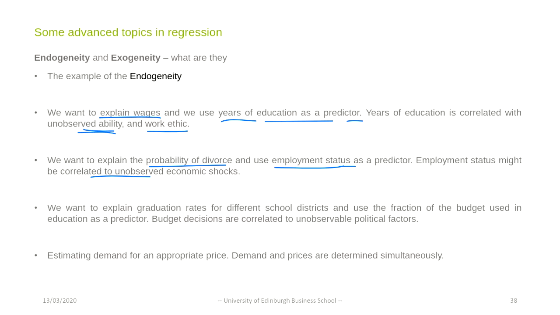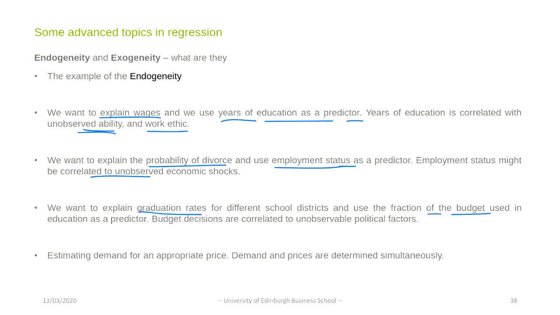The next example is about graduation rates for different schools. Maybe we can say the fraction of the budget is very important, but actually the fraction of budget is correlated with political factors. So what is the real reason behind the graduation rates?